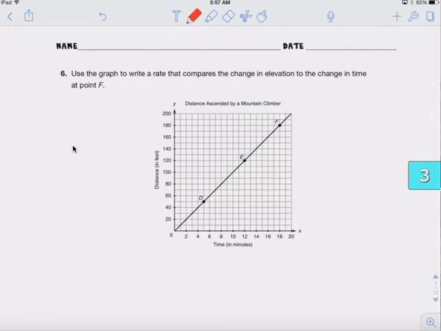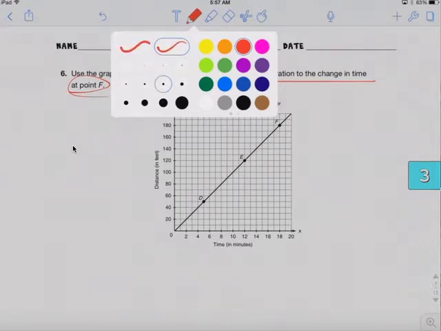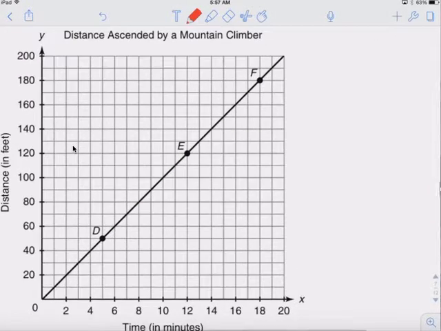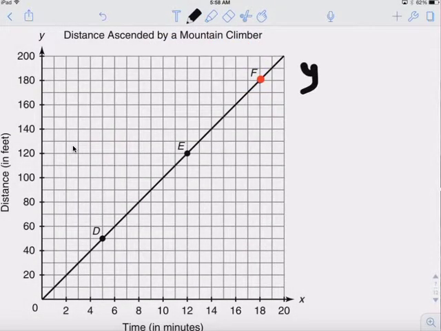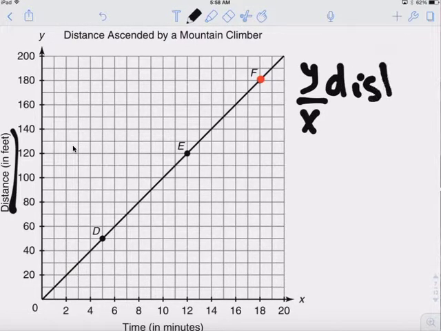Use the graph to write a rate to compare the change in elevation in point F. Oh, they really want you to see that it's the same. So basically you start with that point F. Remember, it's y over x, or in this case y is the distance over time.